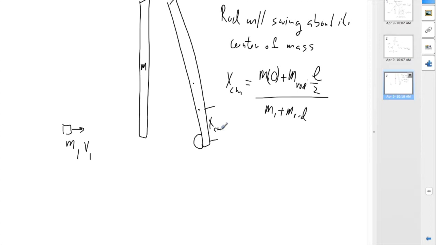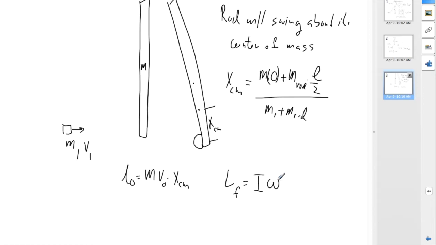And then when I calculate angular momentum, I now need to set that up as follows. Incoming initial L0 is M V0 X center of mass. And then L final is going to be I omega.